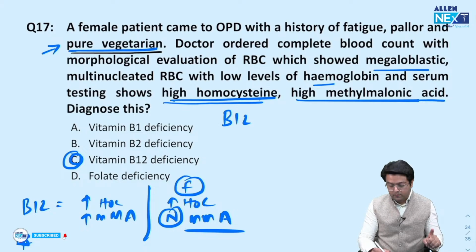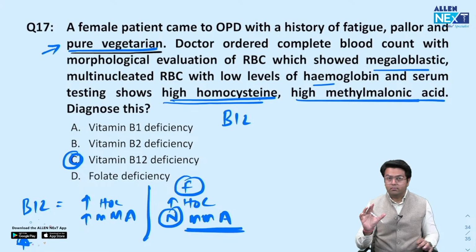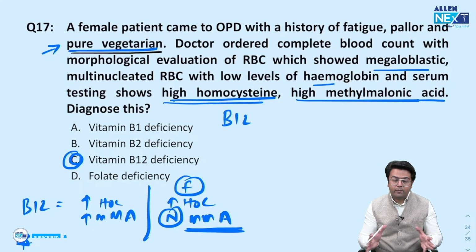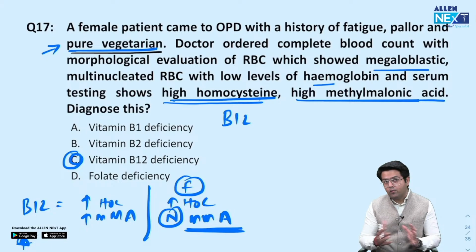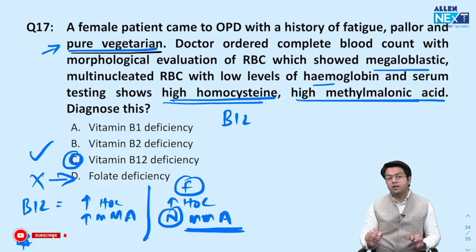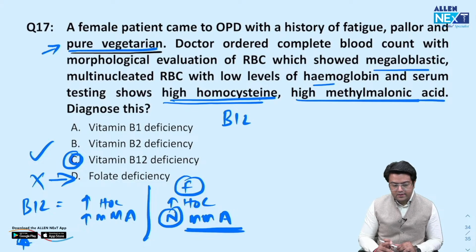High homocysteine but methylmalonic acid unaffected, folate deficiency. So they are asking what is the difference between folate and B12 deficiency looking at the biochemical parameters. Definitely for megaloblastic anemia you can mark both folate and B12. So it is not D here, C is the correct answer. Clear guys? So that's it.